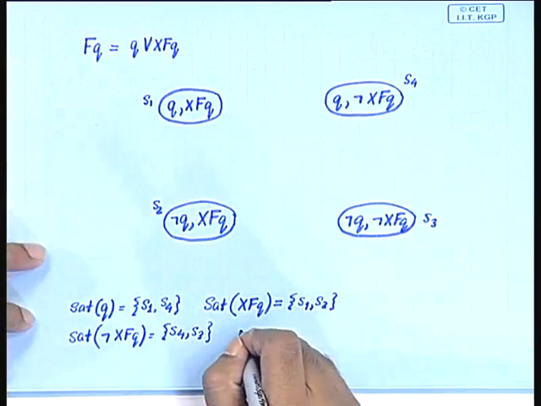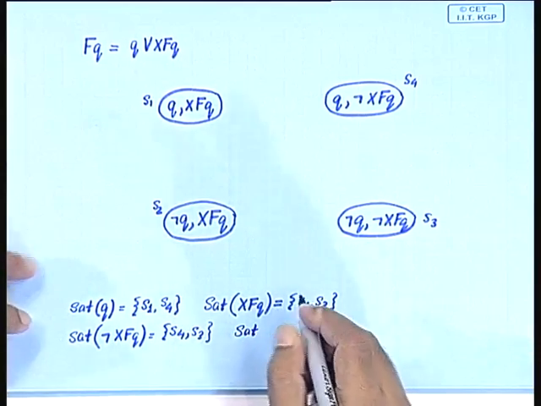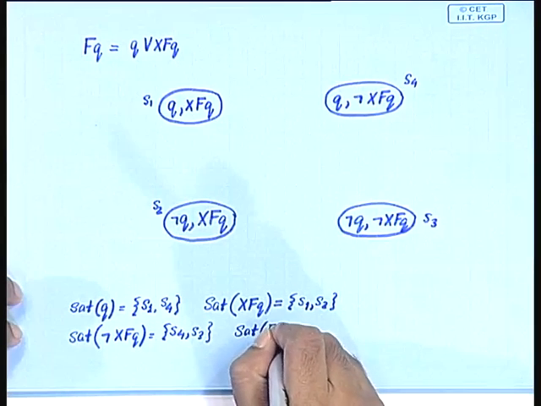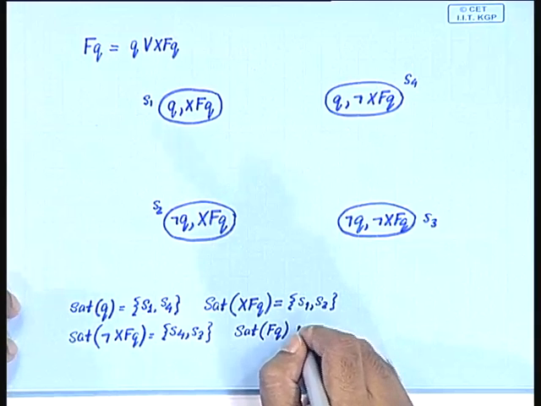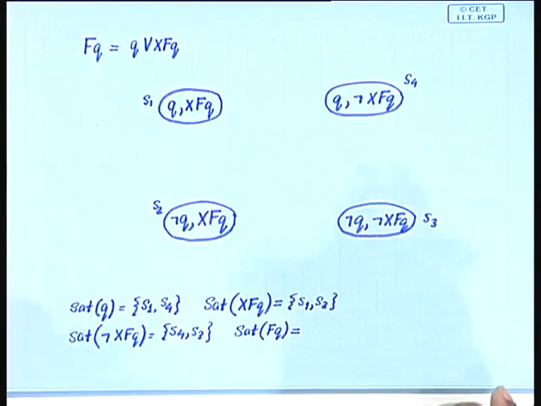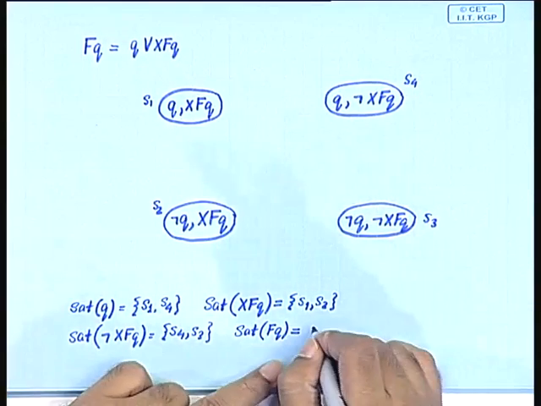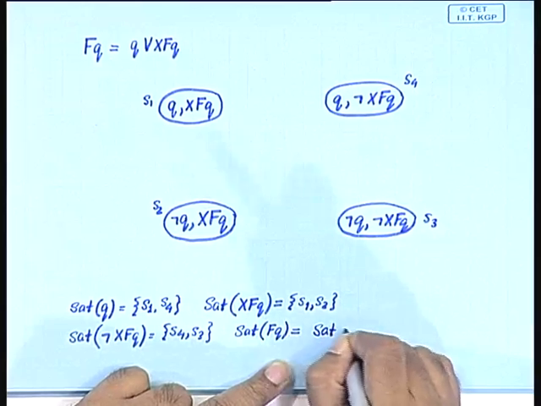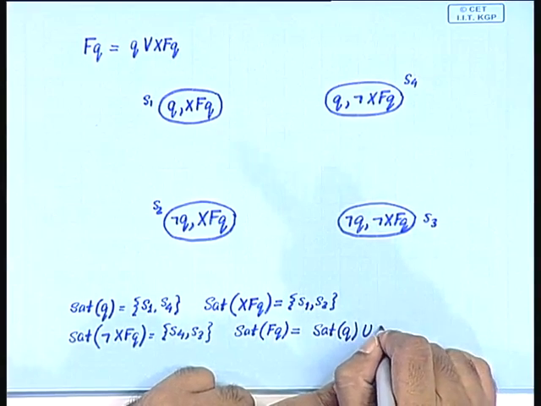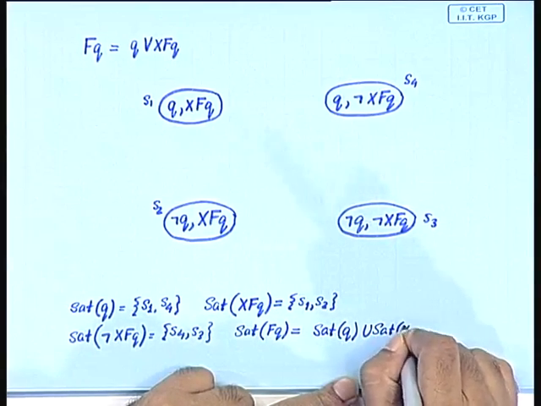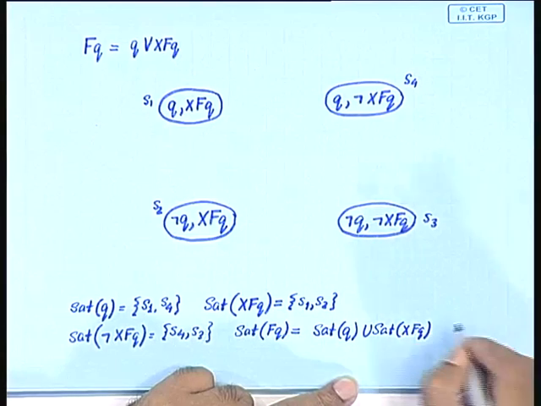And what about SAT of FQ? Now SAT of FQ can be written as SAT of Q union the set of XFQ, right.